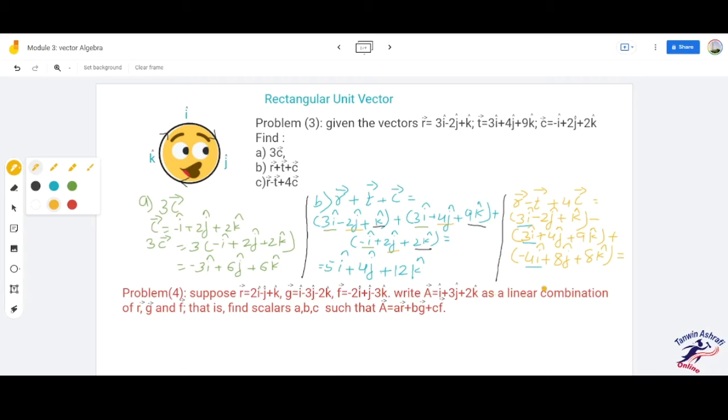Therefore the resultant will be minus 4i cap.